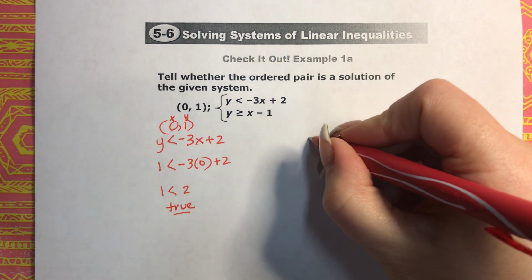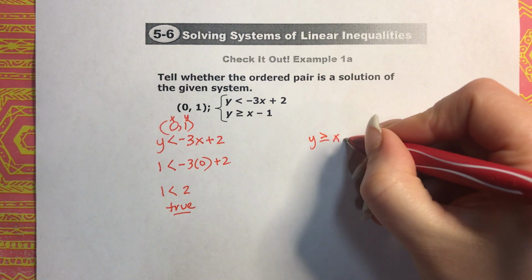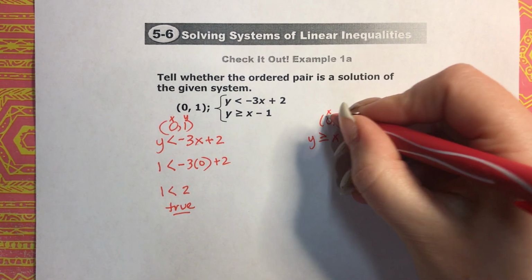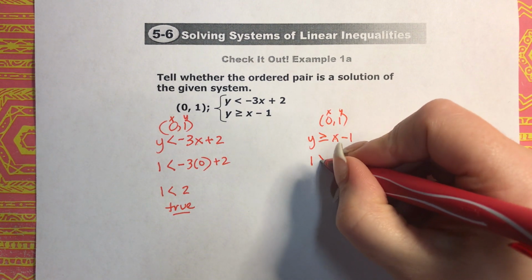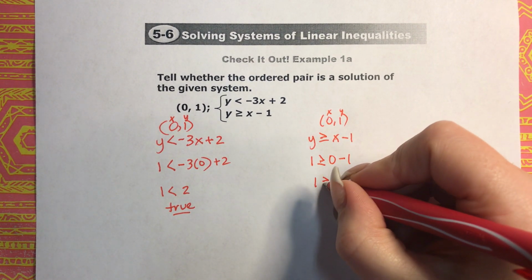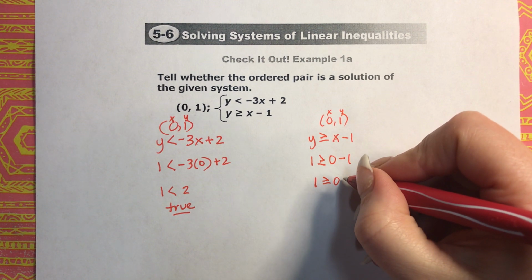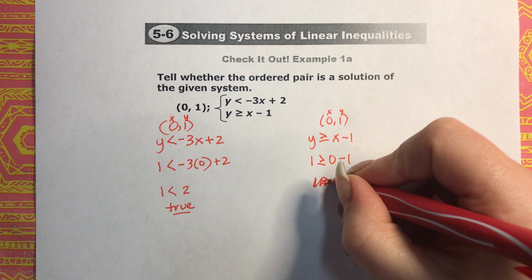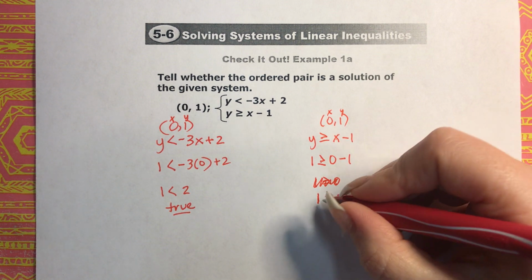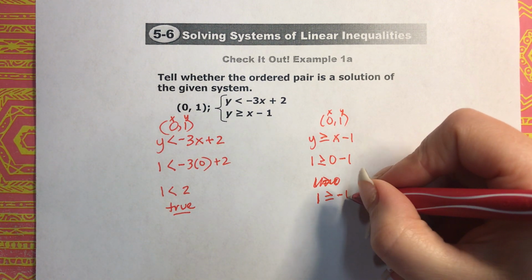So now I got to do the other one. Here's my ordered pair, substitute it in. This is my x, this is my y. 0 minus 1. Oh, shoot. Why did I just do that? Okay, forget that. 1, and this is negative 1. So is 1 greater than or equal to negative 1?